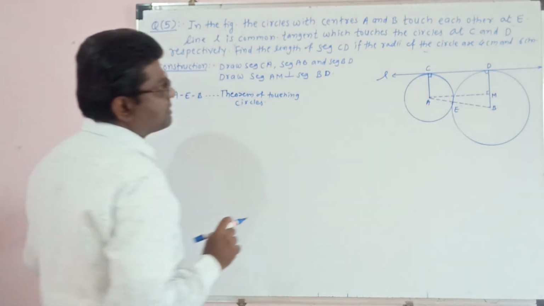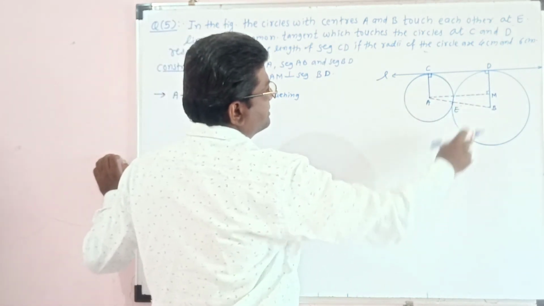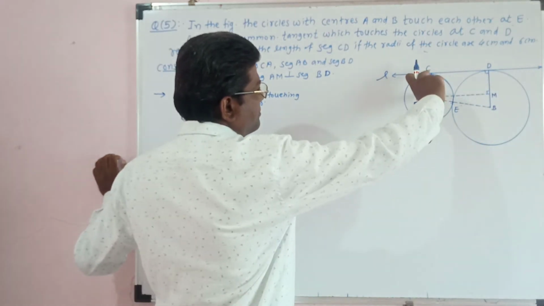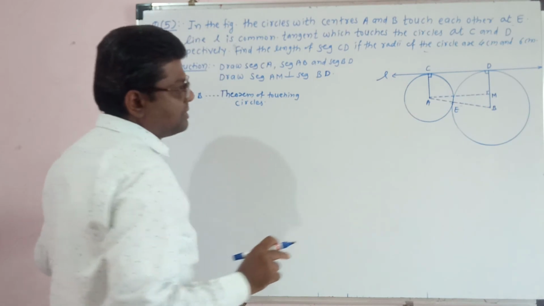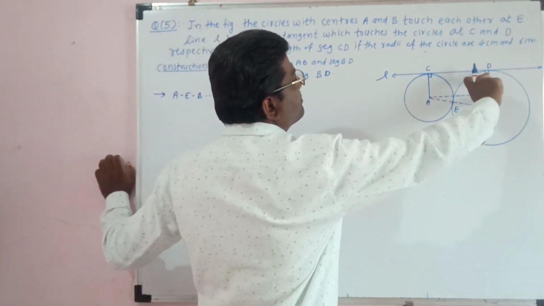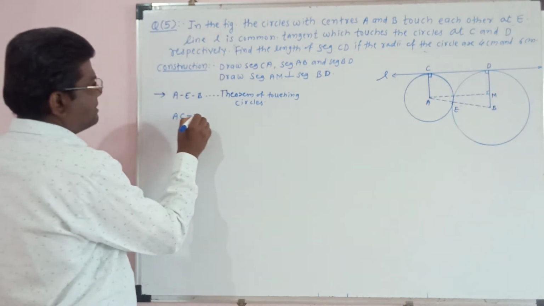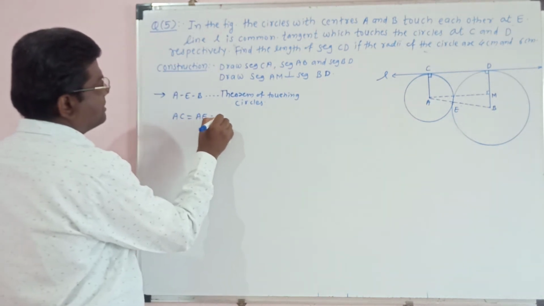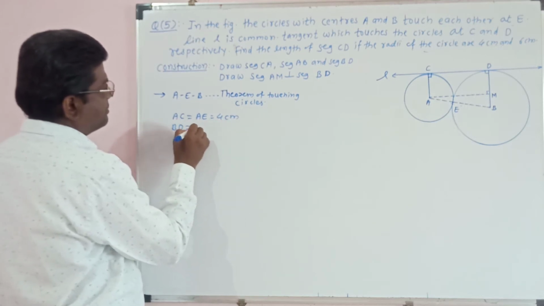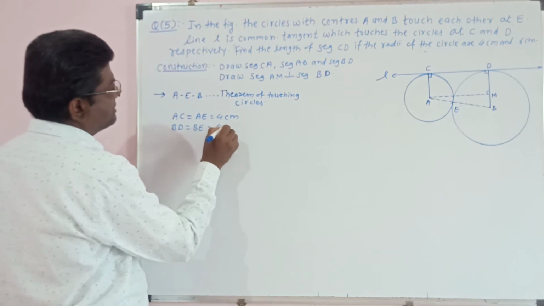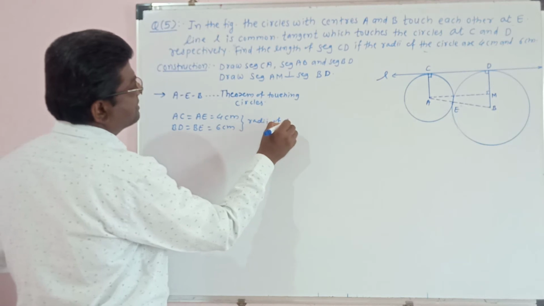Now we are given the radius of this circle 4 cm and the radius of this circle 6 cm. Therefore AC is equal to AE is equal to 4 cm and BD is equal to BE is equal to 6 cm, radii of the same circle.